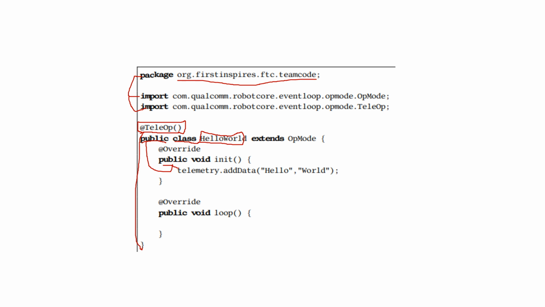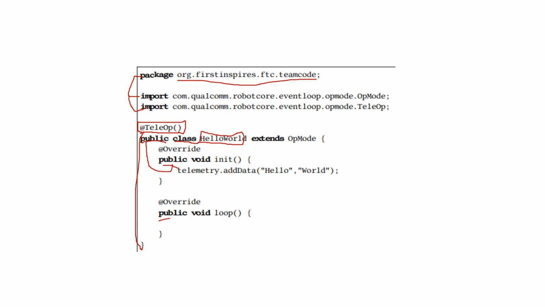So everything inside the curly brackets will run when this method is called. telemetry.addData("Hello World") sends data to the driver station, which lets us debug problems. In this case we send back Hello World, and that will show up in the driver station.